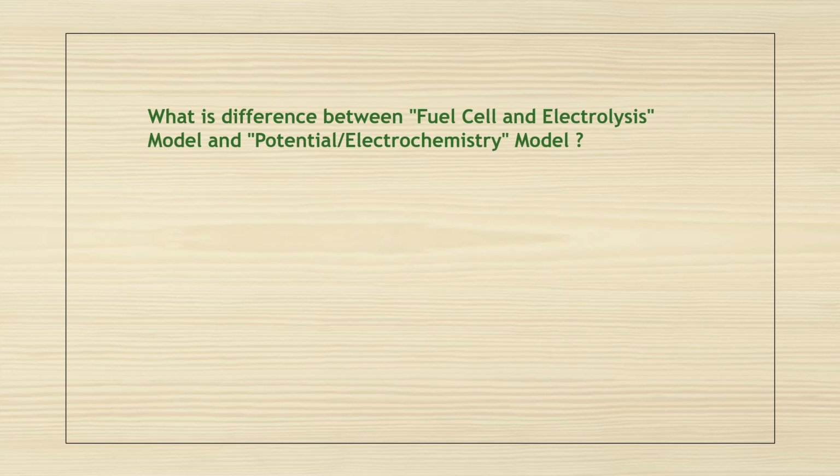We conclude that we can simulate different electrolysis models in ANSYS Fluent software, both by the Electrolysis submodel in the Fuel Cell and Electrolysis module and by the PEM electrolysis and alkaline electrolysis submodels in the Potential Electrochemistry module. However, what is the difference between the Fuel Cell and Electrolysis module and the Potential Electrochemistry module during the simulation process of electrolysis?